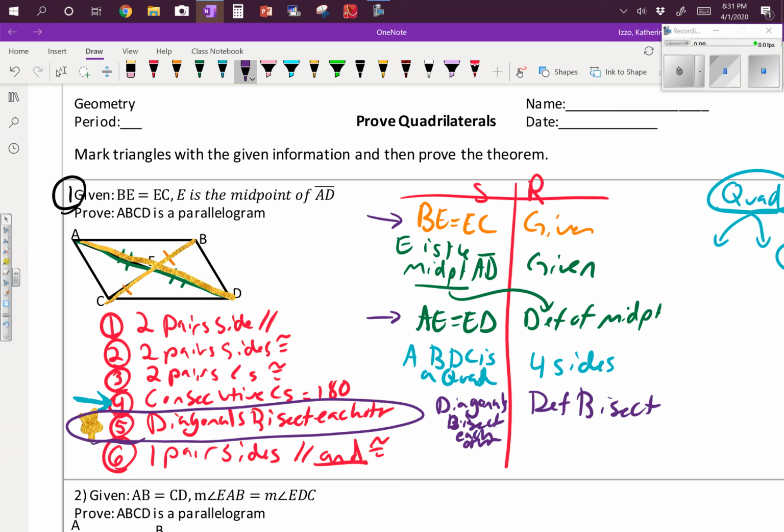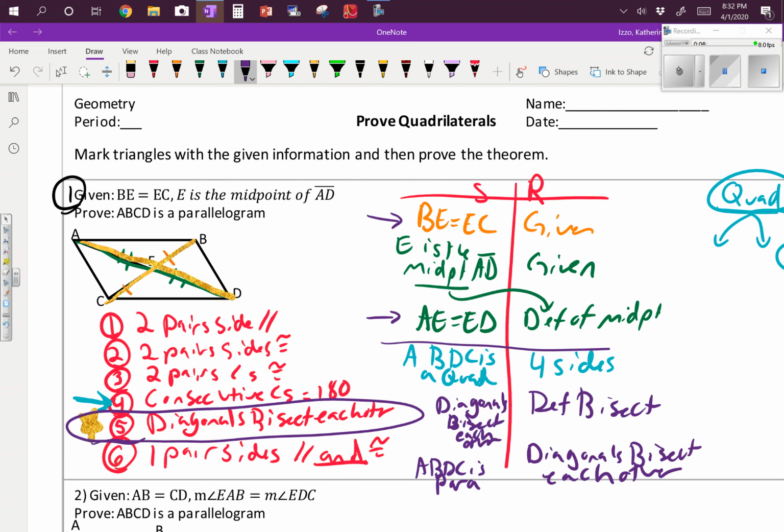That's because I've got the BE equals EC and the AE equals ED. And then I can say ABDC is a parallelogram, because diagonals bisect each other. And that's all you had to do.